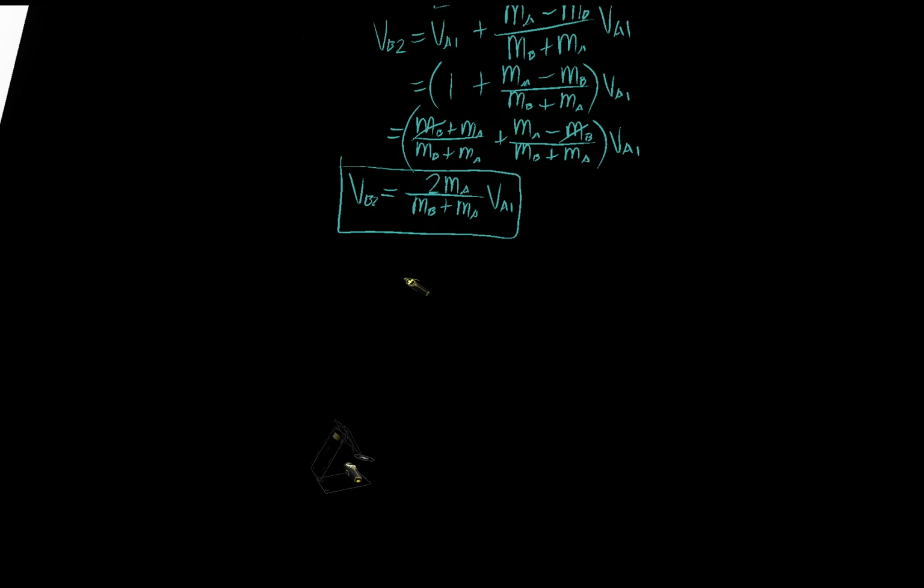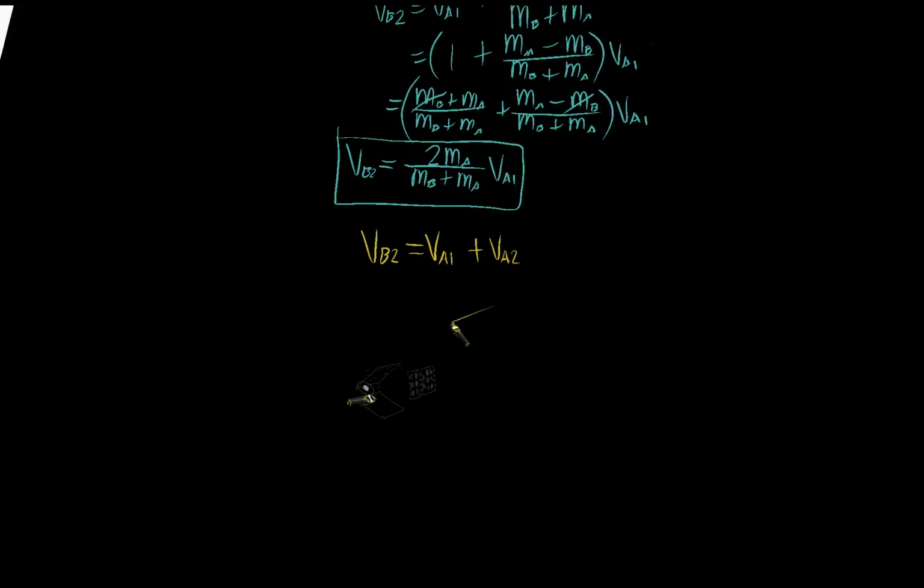So that was VB2 is equal to VA1 plus VA2, right? So I'm going to rearrange it. So we have VA1 over here and everything else on the left. So that would be VB2 minus VA2.